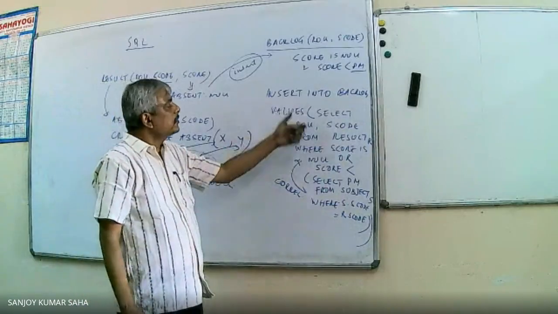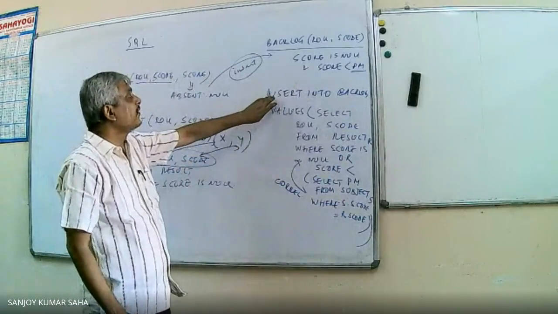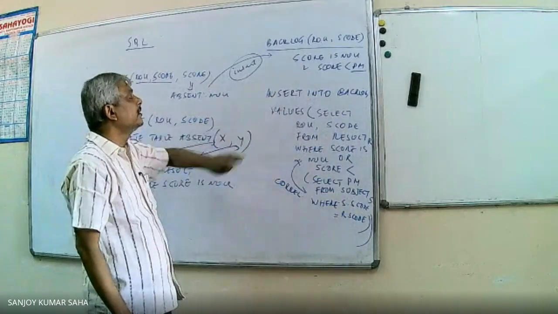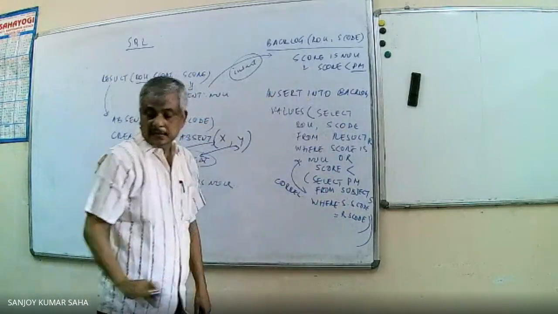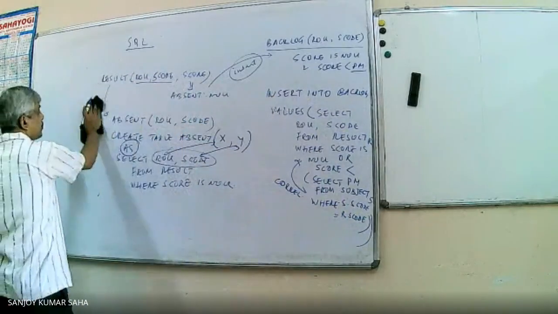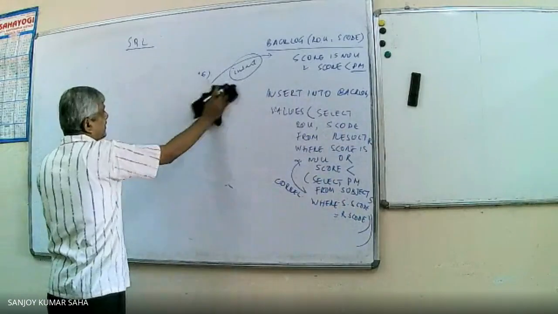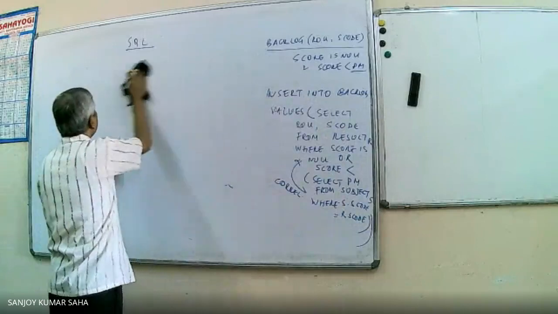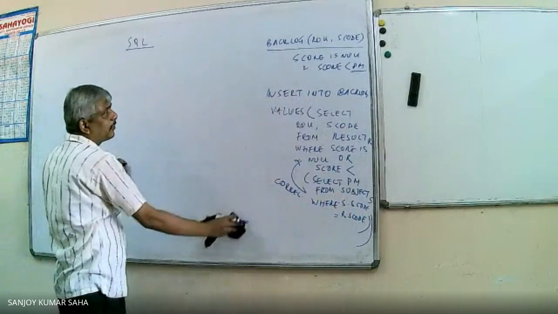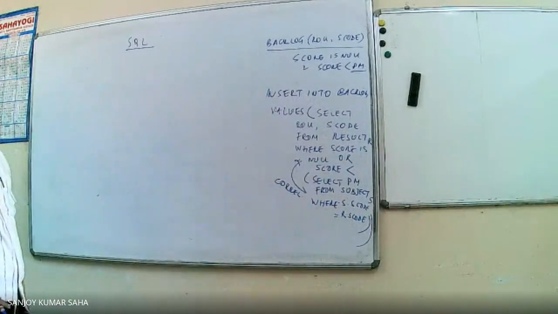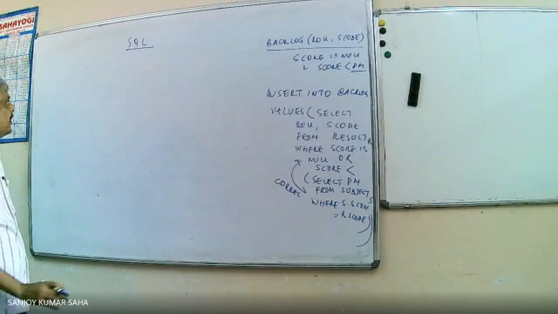Right? So we have another version of this insert. If the table is already present, and I want to put the data as the output of another query, that also can be done using this insert statement.